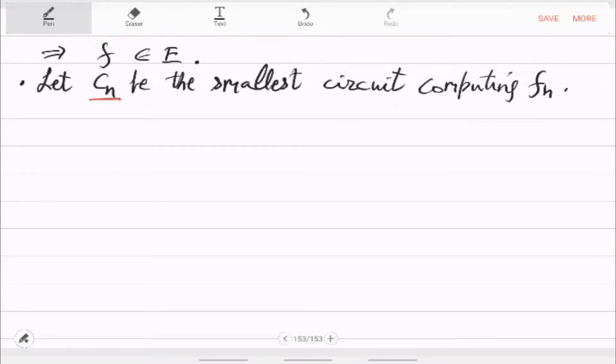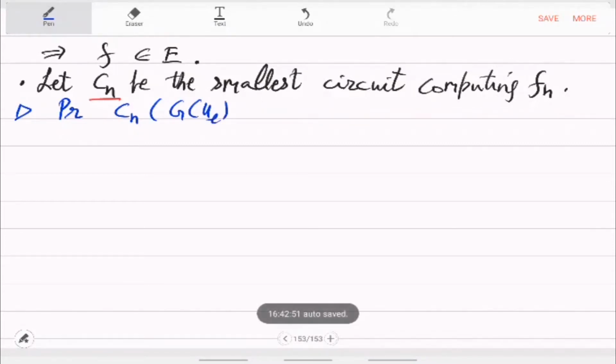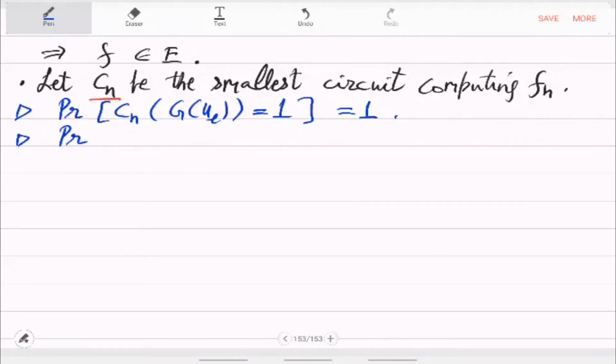So what you can show is that immediately you get that Cn on the image of G has to be 1 all the time, and on the other hand, what is Cn on Un? How frequently is it 1?